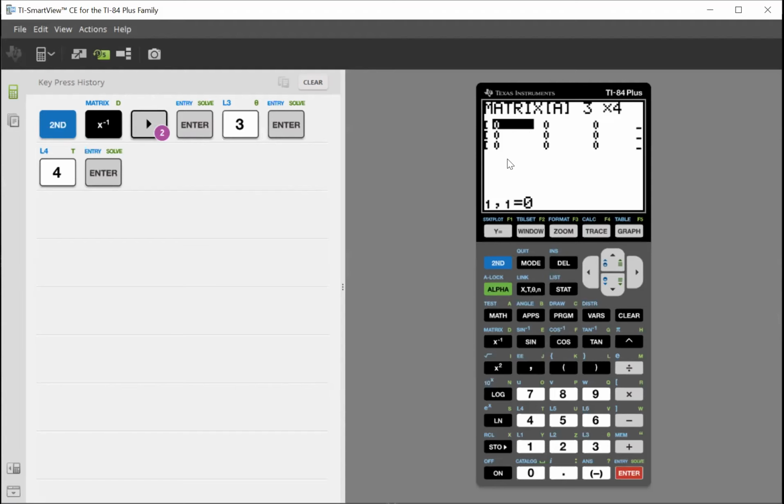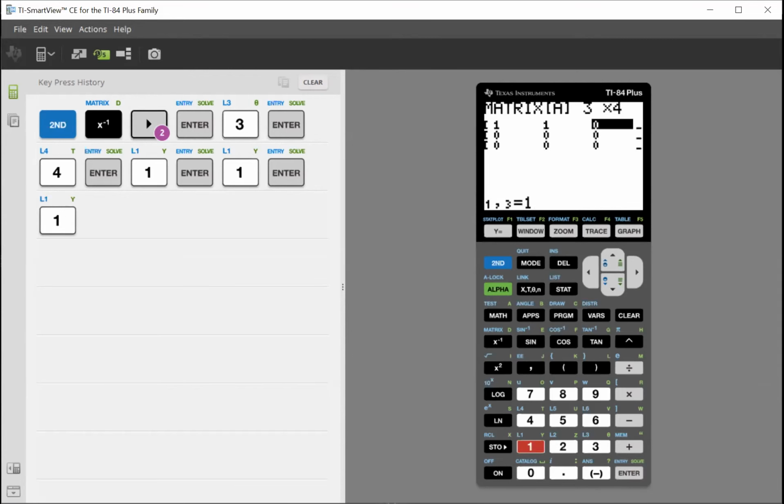I had 1x, so I would do 1 enter. Now, we don't do variables, we just do the numbers. If there's not a number in front of that variable, it is definitely a 1. I had 1y, so 1 enter. I had 1z, so 1 enter. And then the first equation had an answer of 3, so I do 3 and enter.